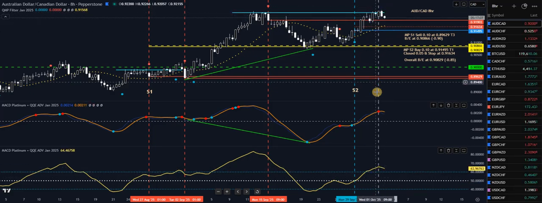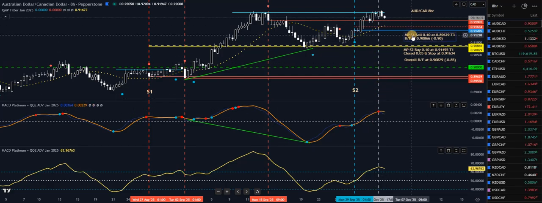I can either start another sequence, like I can make this sequence 3 and commence a new QQE sequence, or I could just take a trade number 4 sell, if we get a sell signal here. Sell signal 4 will bring up that break even, and it will just go from there. But it looks like there's a red dot on the MACD Platinum above the 0 level, so looking good there.